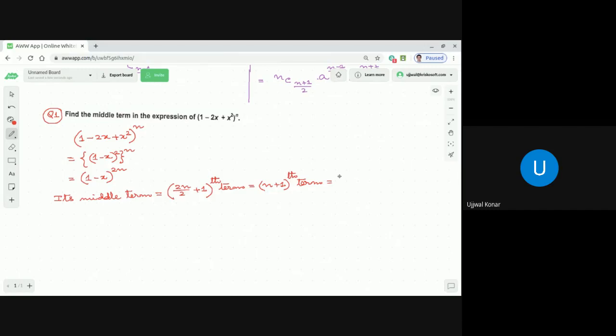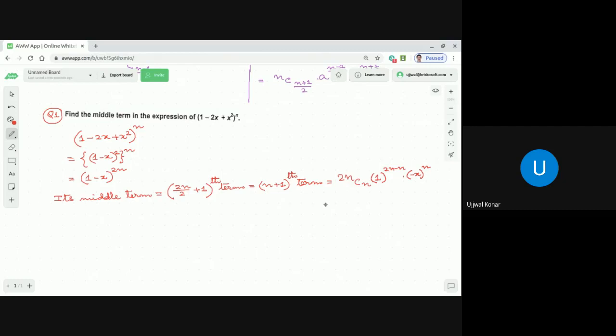But here in this case, what is n? Actually, here n is 2n, correct? Yes. It is 2n Cn into, not a here, 1 power 2n minus n, into (minus x) power n. Correct, no? Clear or not clear?